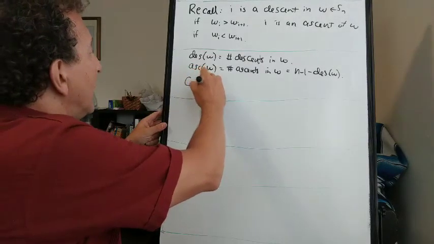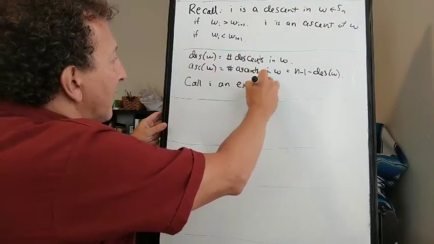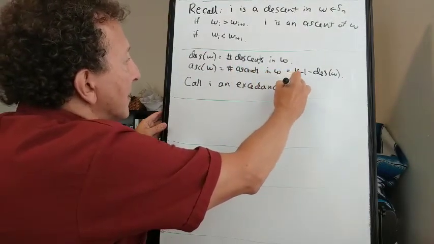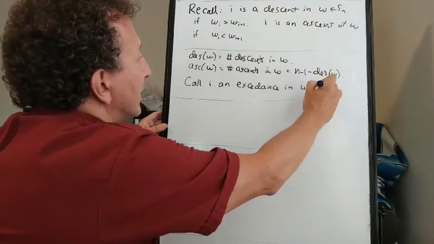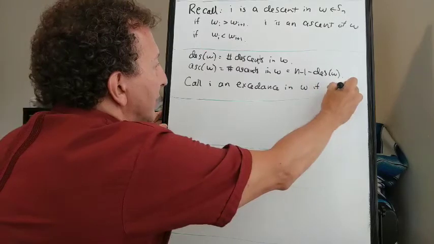Now let's call i an exceedance in w if w_i is greater than i.